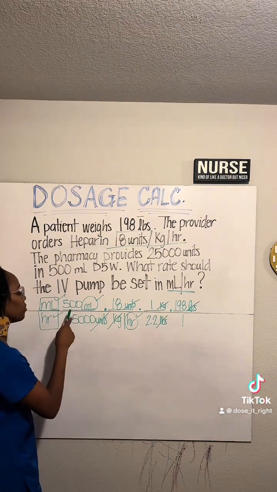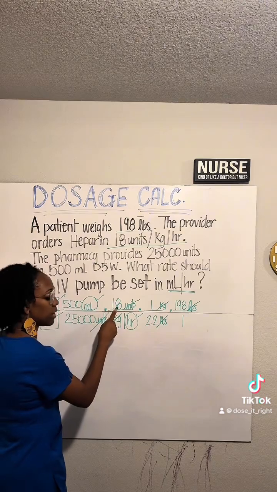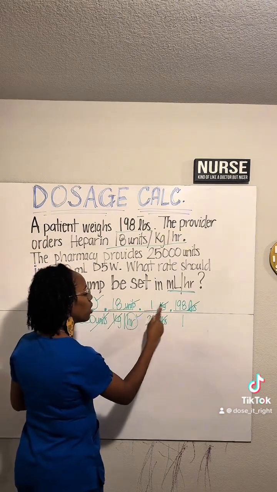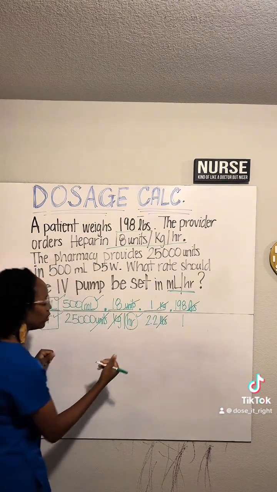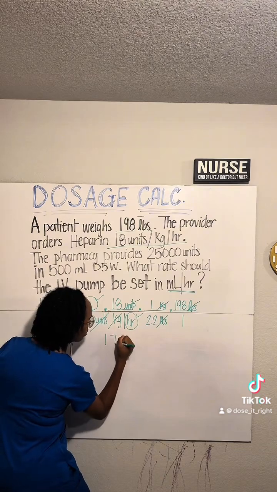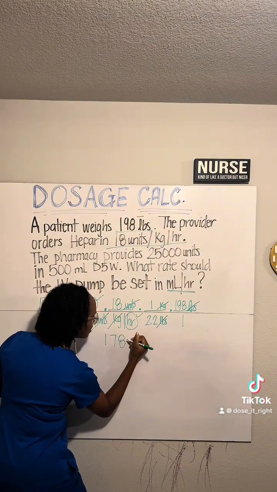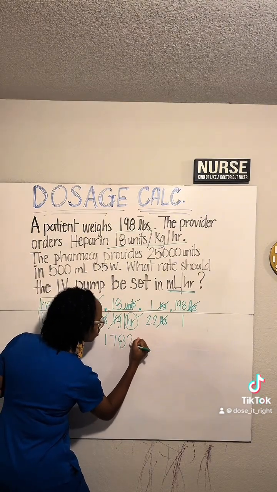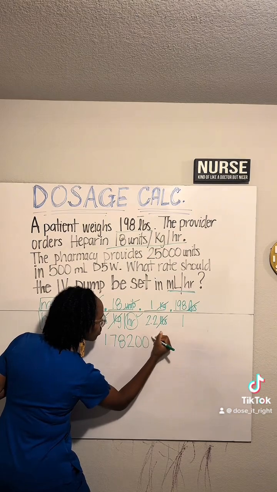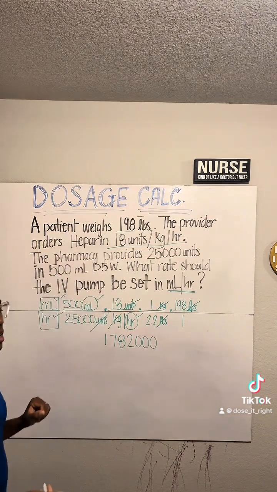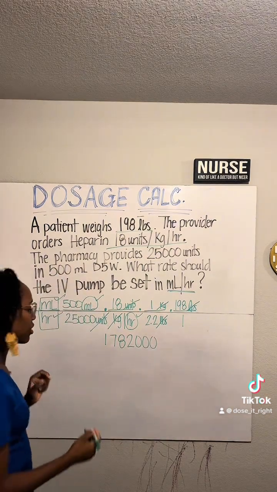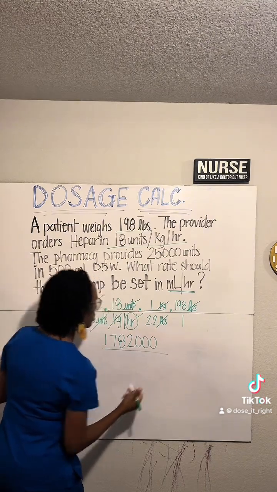So now we're going to multiply 500 times 18 times 1 times 198, which is going to give us a big number here, right? 1,782,000, all right? Just simply put it in your calculators. Don't let the big numbers scare you.